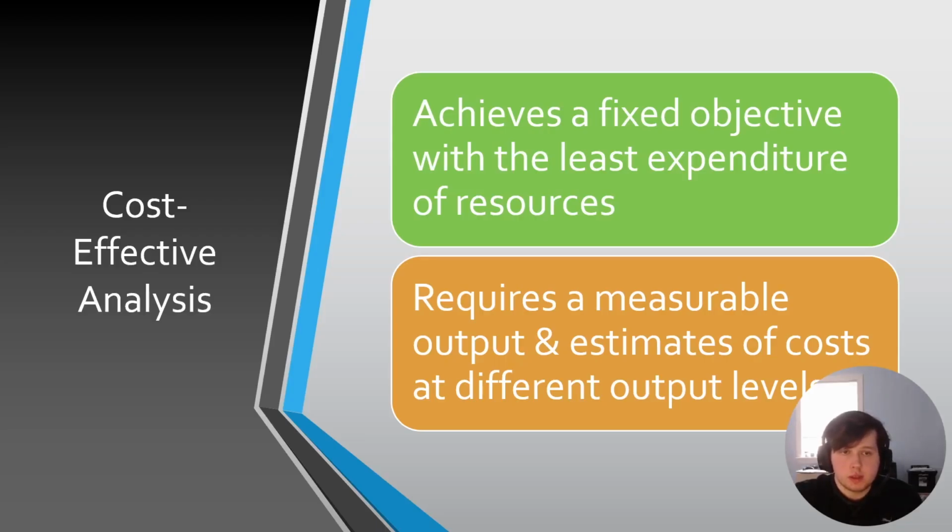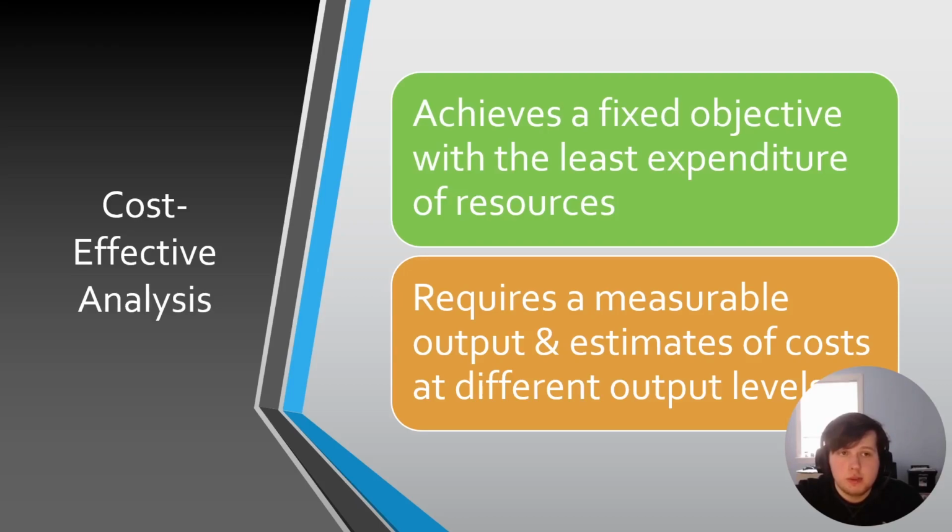Starting off with cost-effective analysis, this type of analysis is concerned with achieving a fixed objective with the least expenditure of resources. In the context of risk management, it can simply mean the least costly way to obtain a given level of risk reduction. When analyzing risk management options, cost must always be considered.